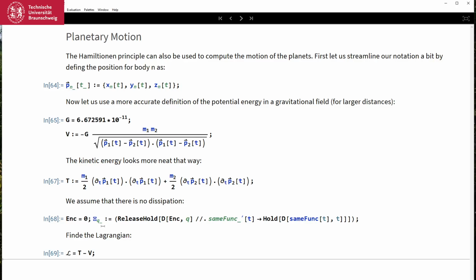Now there are two cases with moons, namely when they rotate in the same direction as the planet rotates. Because the planet usually rotates faster, the deformation of the planet is moving ahead of the moon.